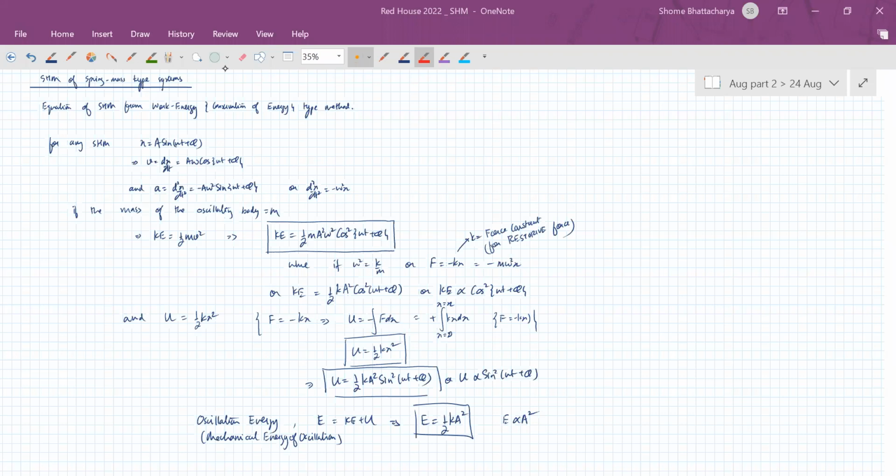So in this case, minus the integral of F dx. That's how we define the potential energy of an SHM as half kx square, where k is the force constant, or k is basically such that m omega square is equal to k, and d2x by dt square is minus omega square x.